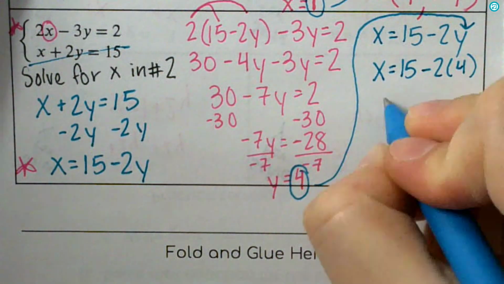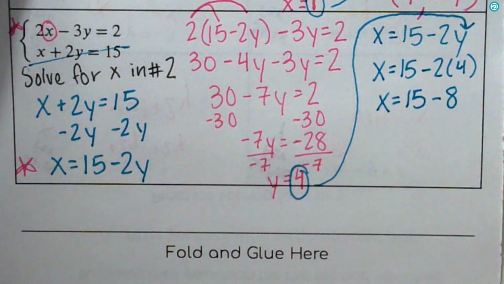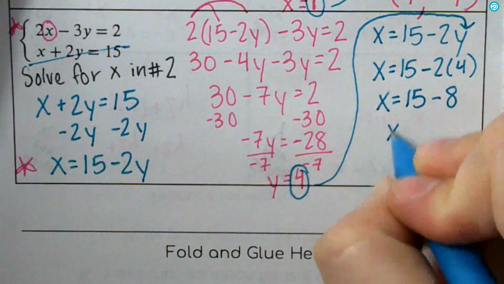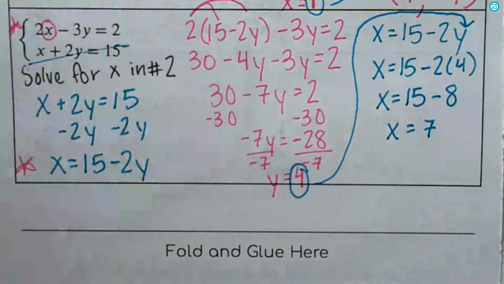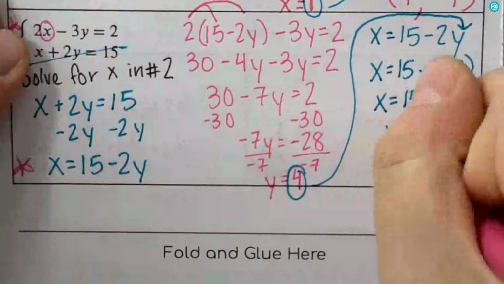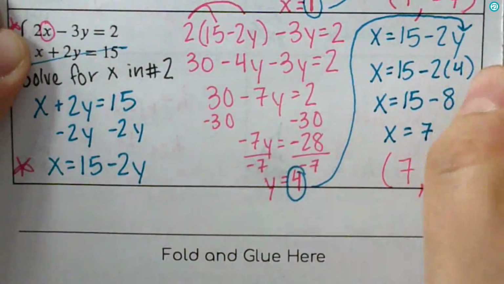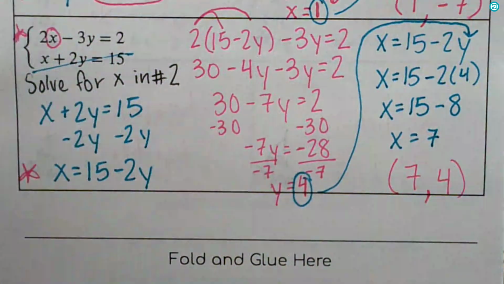So now I've got x equals 15 minus 8. And then 15 minus 8 is 7. So I get x equals 7. We are going to always write our answer as an ordered pair. So this ordered pair is going to be 7, 4. Remember, your x always goes first. Okay. Any questions right now?